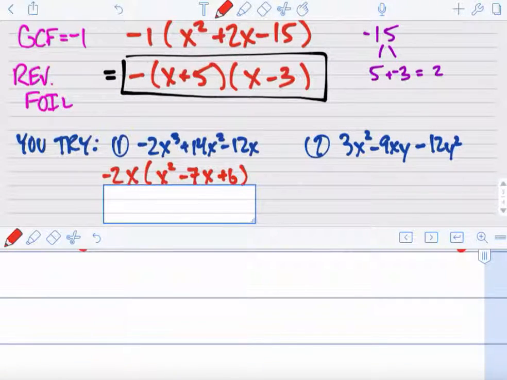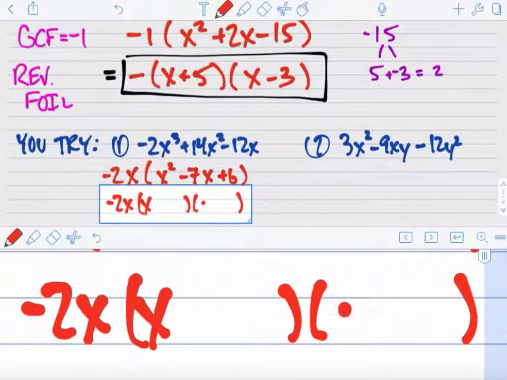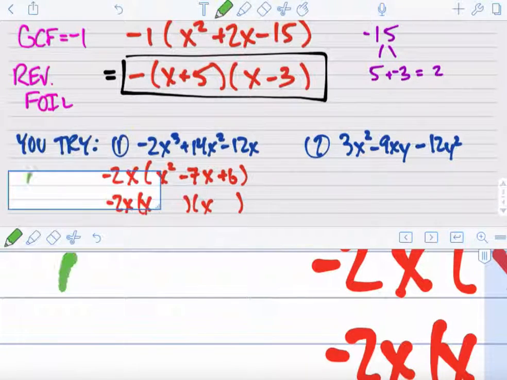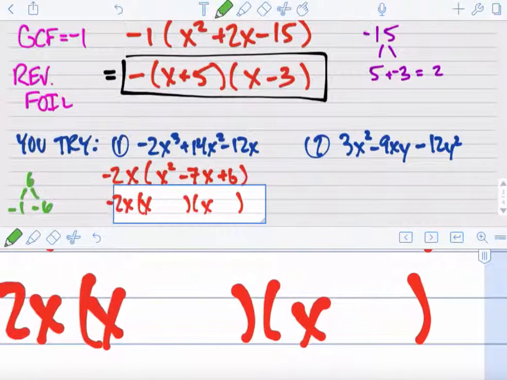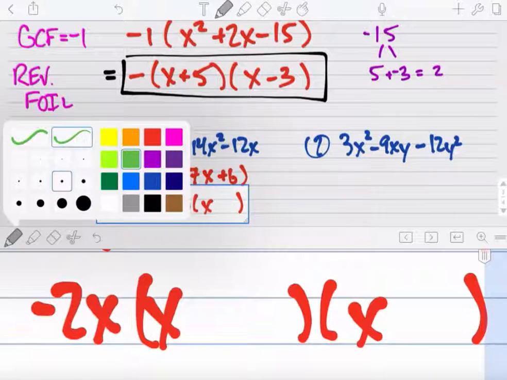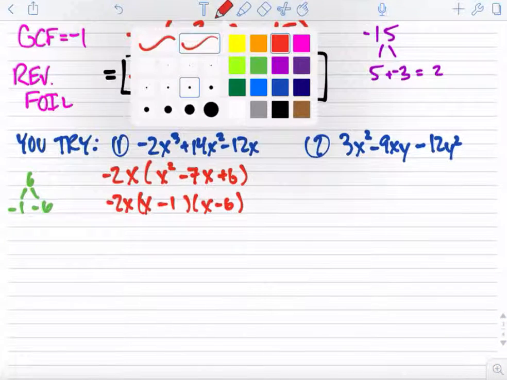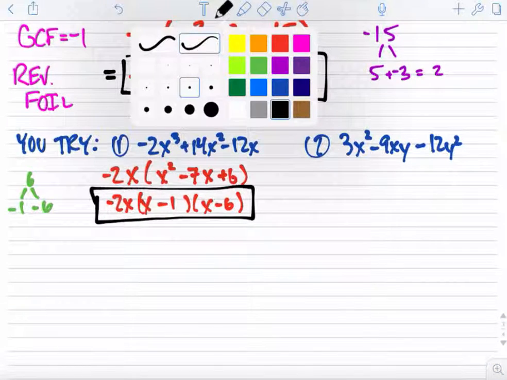I want factors of positive 6 that add to negative 7, which are negative 1 and negative 6. So I can come over here and write minus 1, minus 6. That is my answer. The factors are non-factorable over the integers.